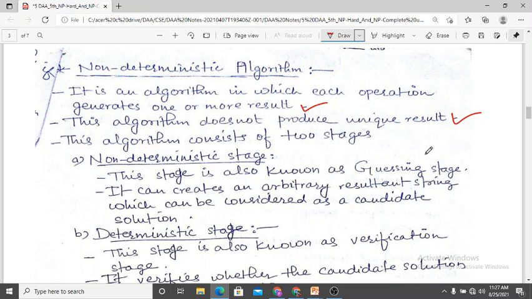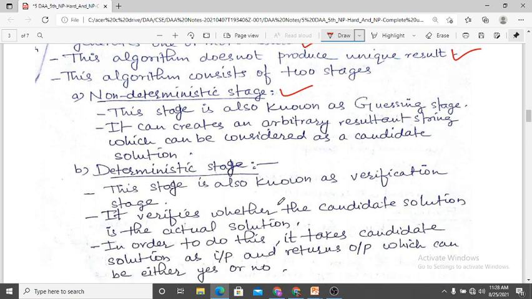We say it is non-deterministic when it provides one or more results, or it does not have a unique result. This algorithm consists of two stages.